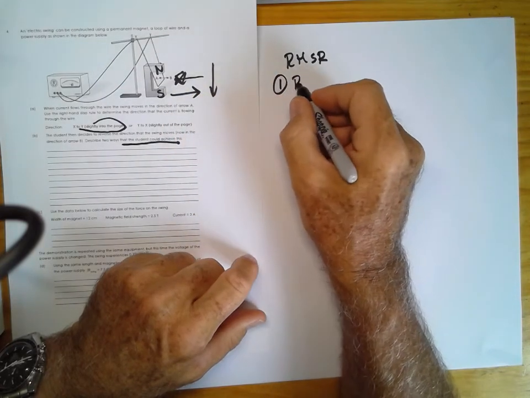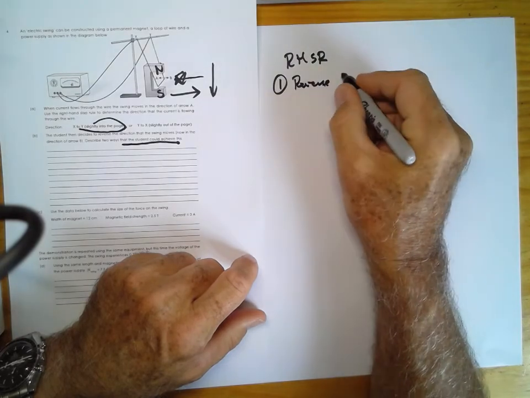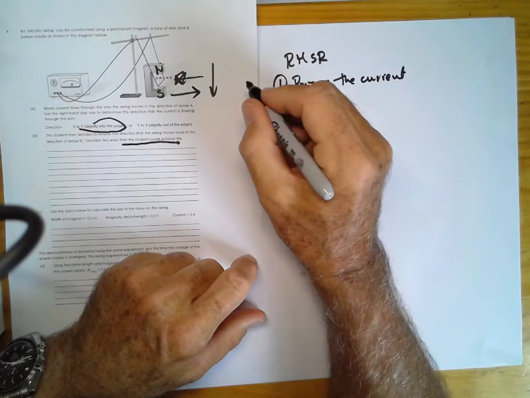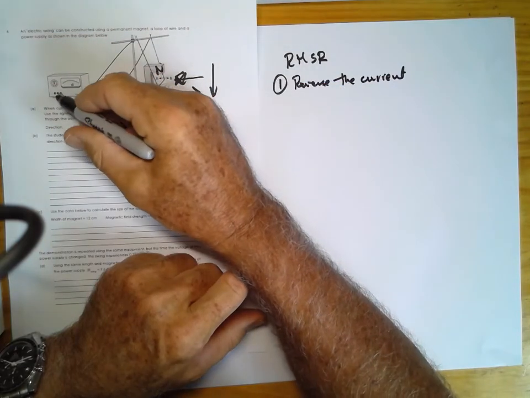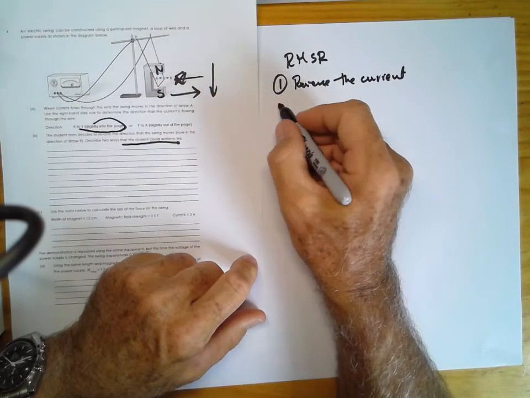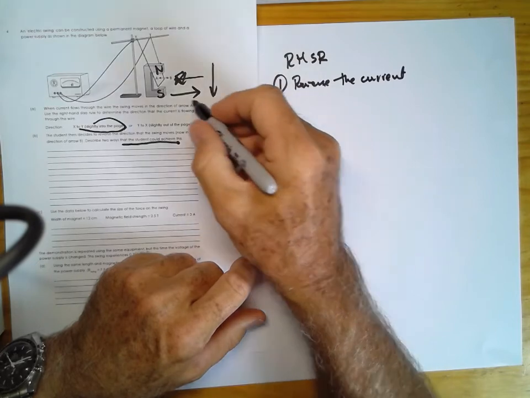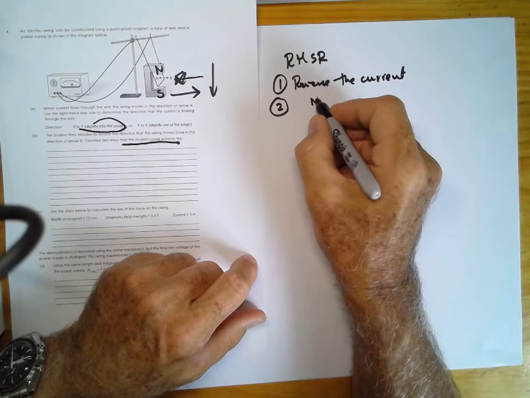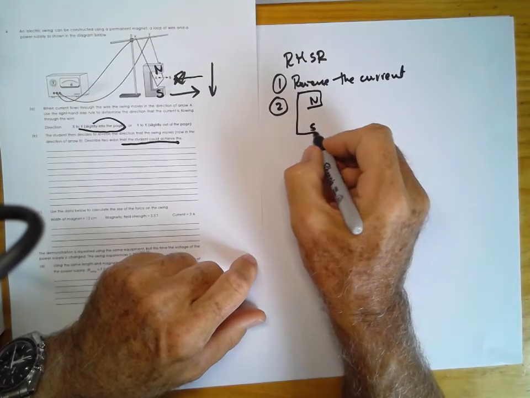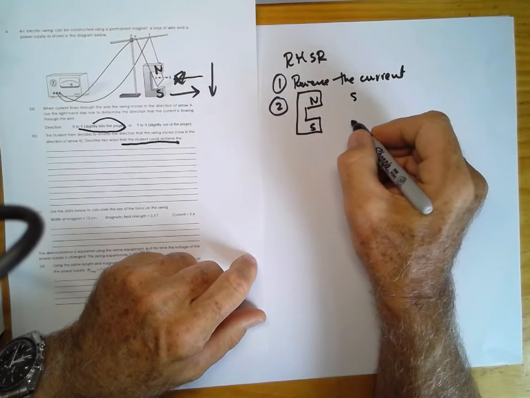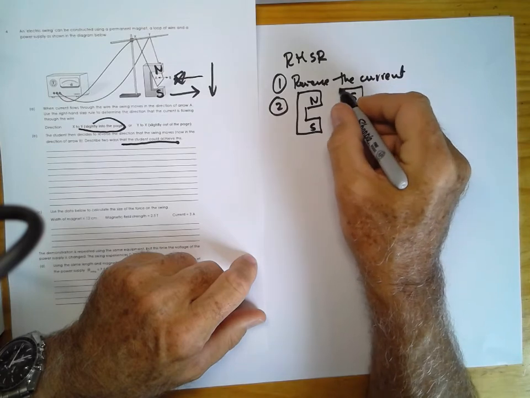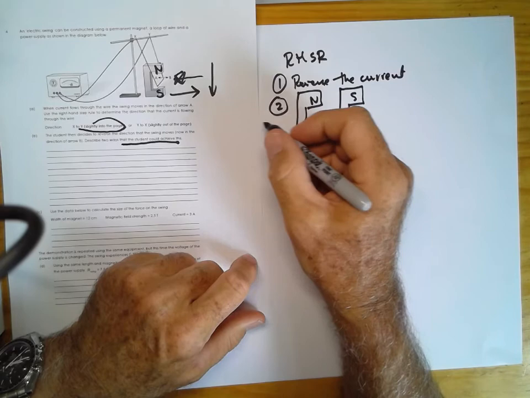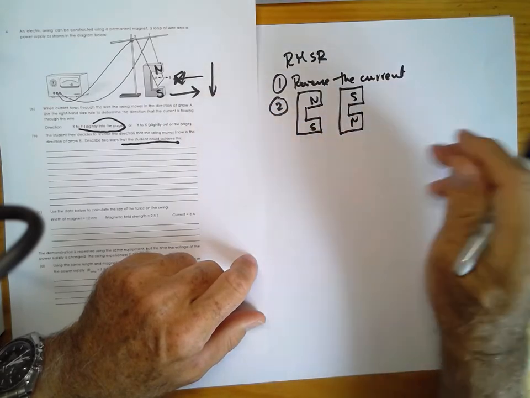We could reverse the current, so we could change the positive and negative of the power supply over, or we could turn the magnet upside down. So instead of it being north and south, we would turn it around to be south and north. Either of these ways will change the direction of the force on that current carrying conductor.